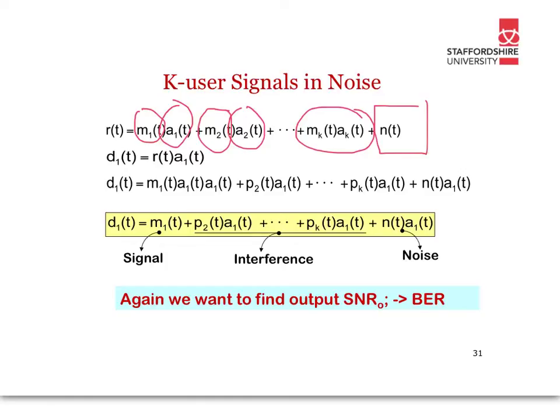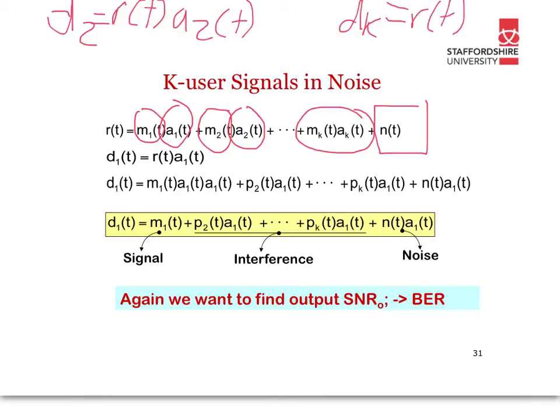And at the receiver, D1 of t is R times A1. D2 of t at user 2 would be R times code 2, and DK would be R times code K.